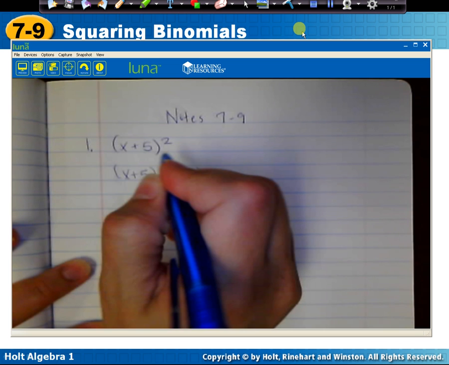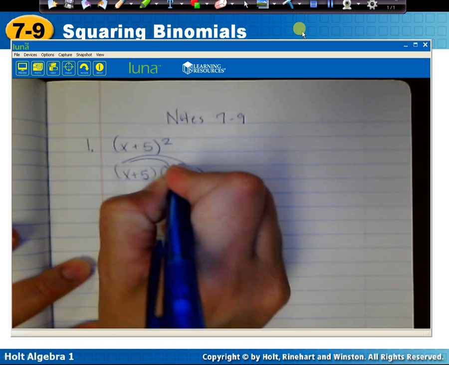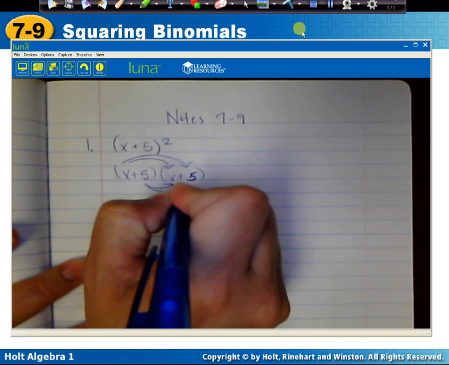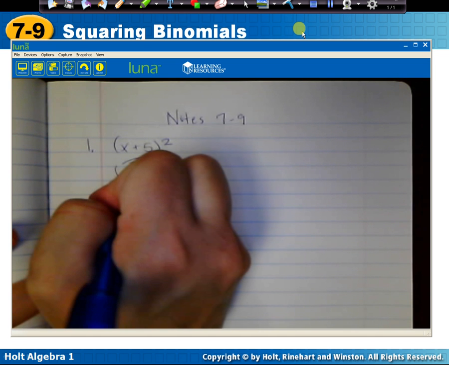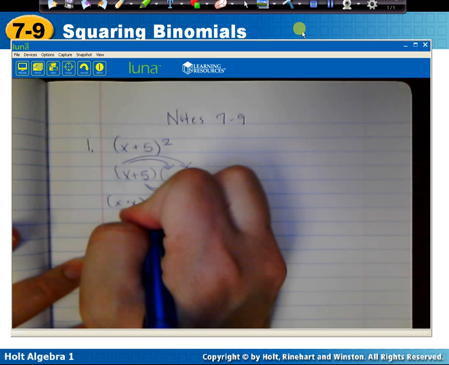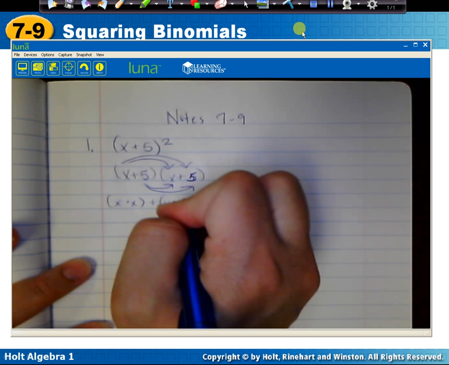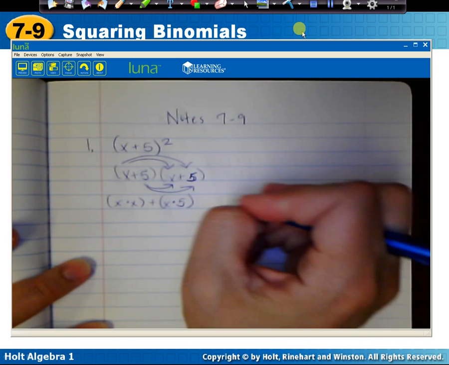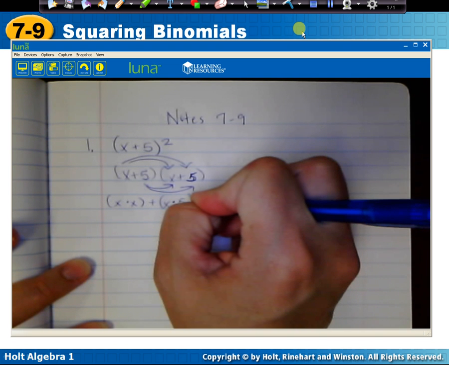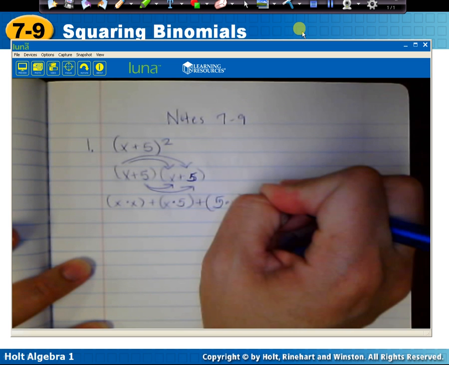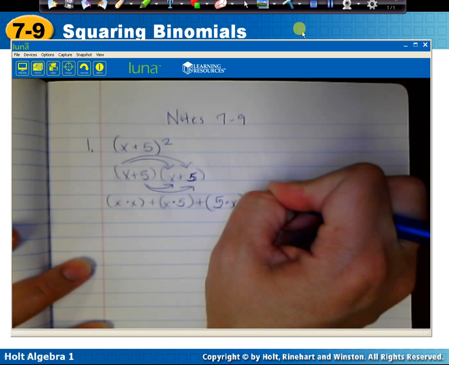And we're just going to draw our arrows and distribute and multiply this out just like we have been doing. We're going to say x times x plus x times 5 plus 5 times x plus 5 times 5.